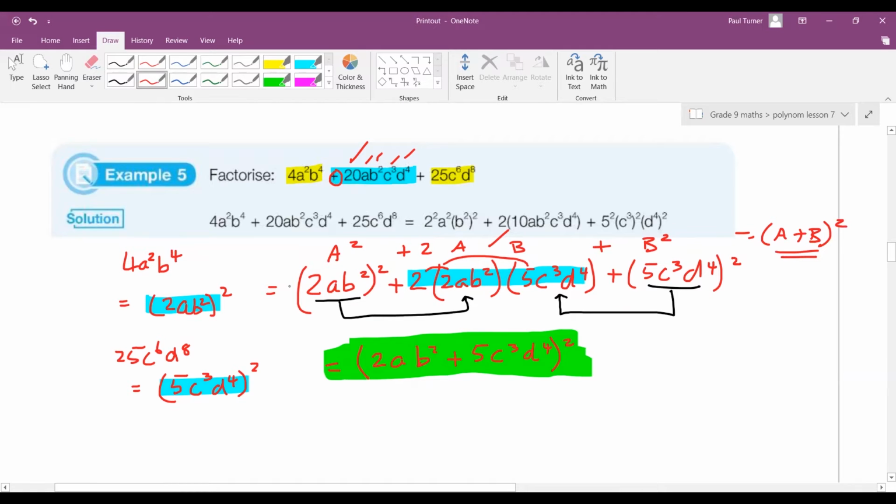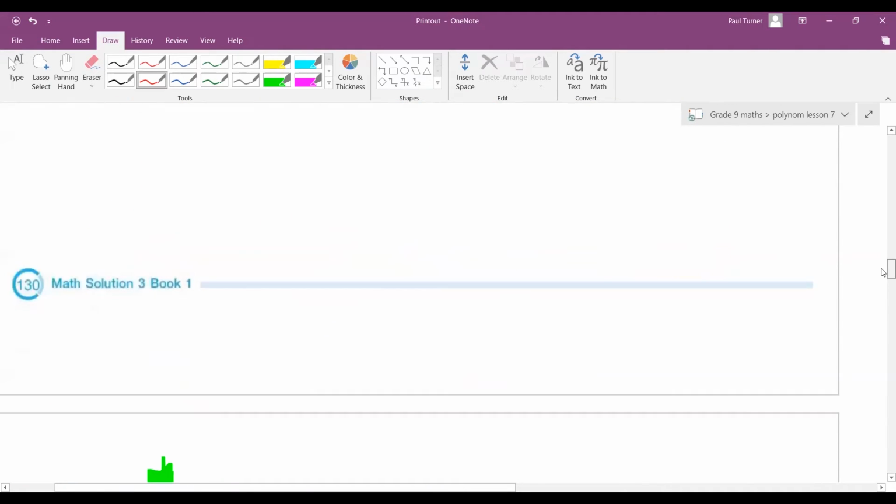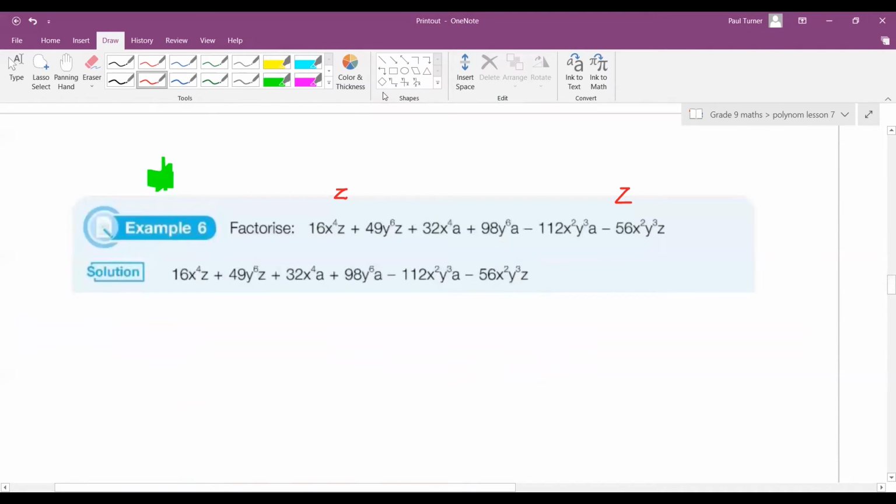Okay, but the main thing I want to see are these 2 lines here, and you can show this part as well, how you got the first and last term. That's example 5, it's in your book there. So example 6 looks a bit tricky, doesn't it? Because now you've got 6 terms and you're thinking, well, if you've got 6, how are you going to do it? But what we do, we look at these terms and we look for some common factors.